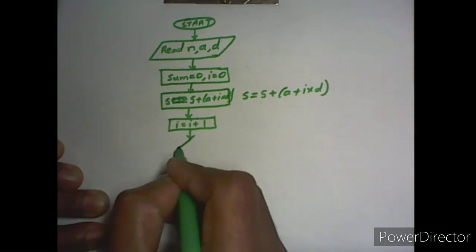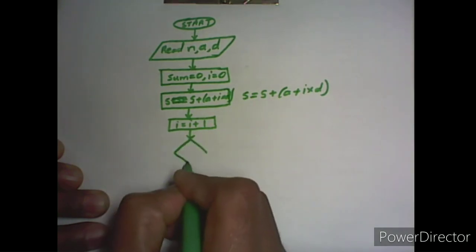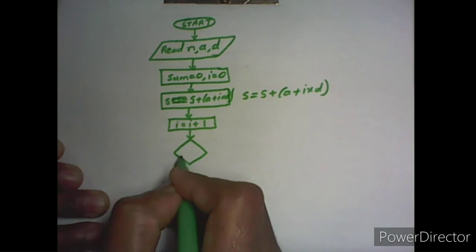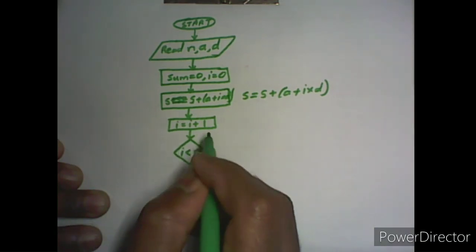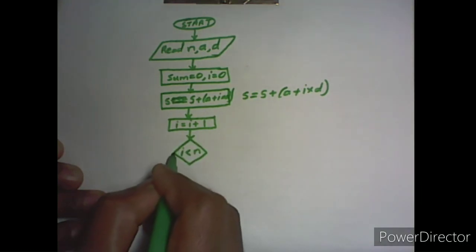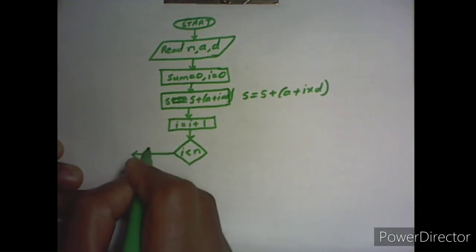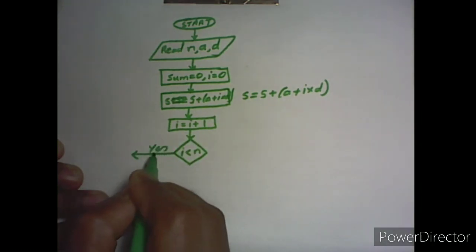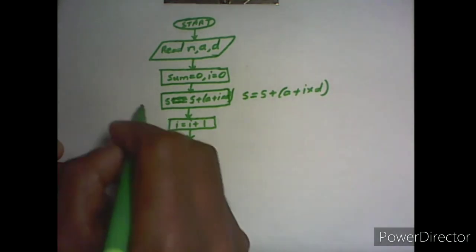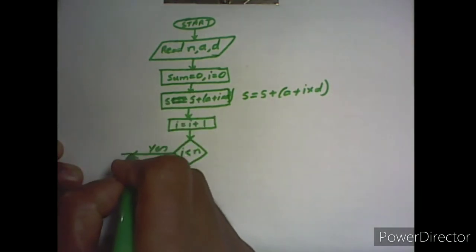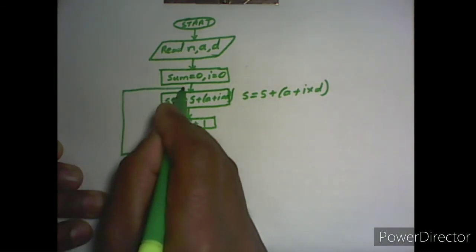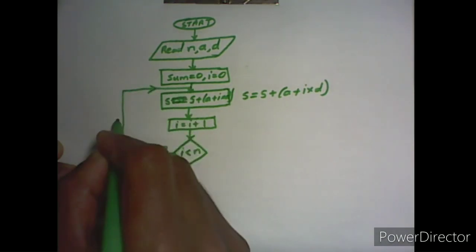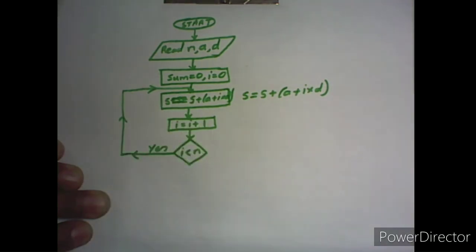Then the decision box. Check the value of n. Check whether i is less than n. If it is yes, go back here. If this is yes, go back to this step and continue the process.